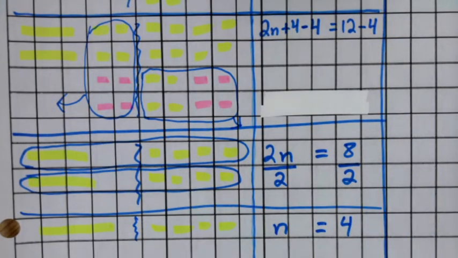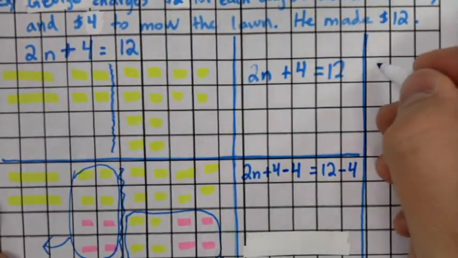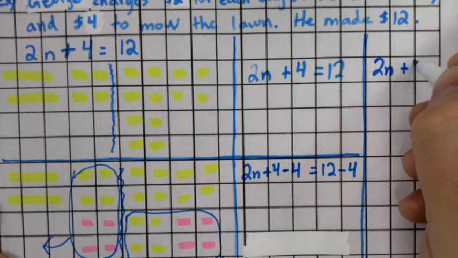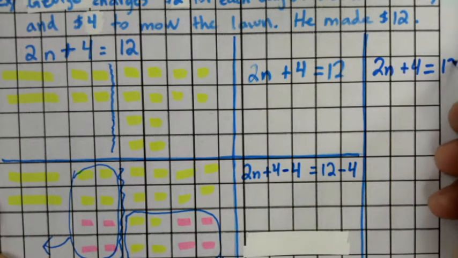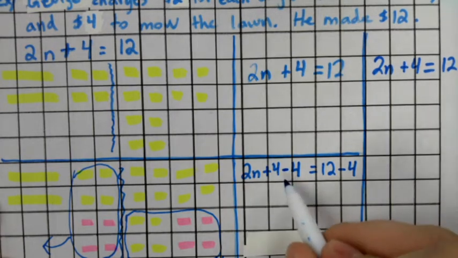So to look at this and to put this in the way that I'd want you showing this, I'm going to do it just here on the side, up at the top, and we'll refer to it as we go. You're going to start by writing down your equation that you come up with, just like we did to start. And then you're going to take away 4 from both sides.